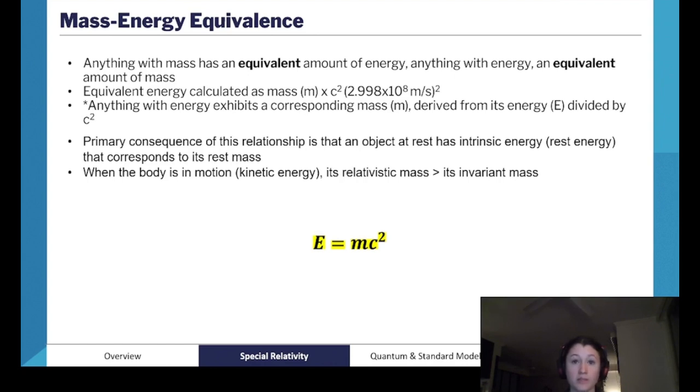When the object is in motion, its relativistic mass is greater than its invariant mass because there is more energy, since it's in motion. We can also use this formula when we get into quantum theory, but for the moment it helps us determine the relationship between mass and energy.